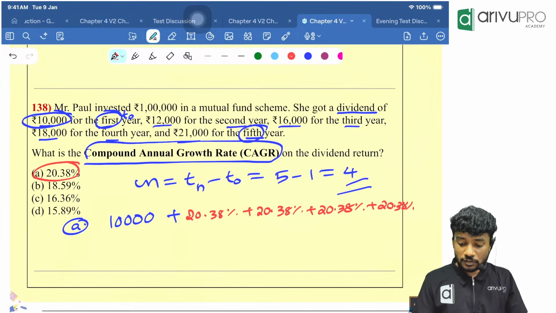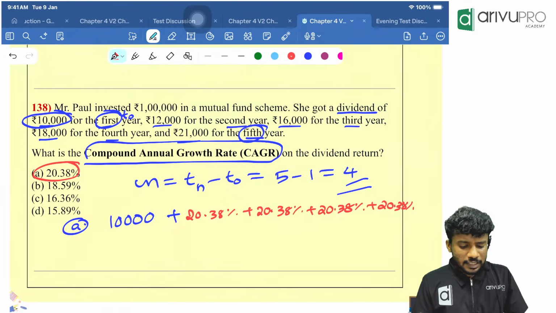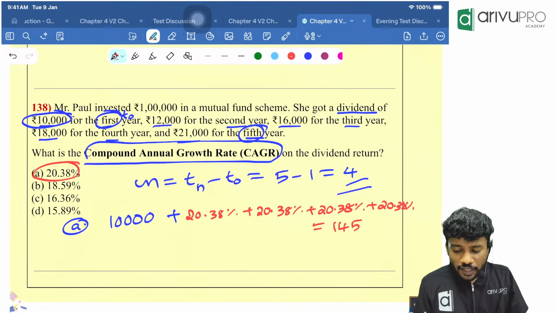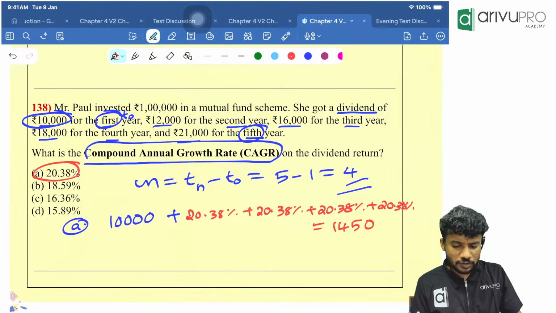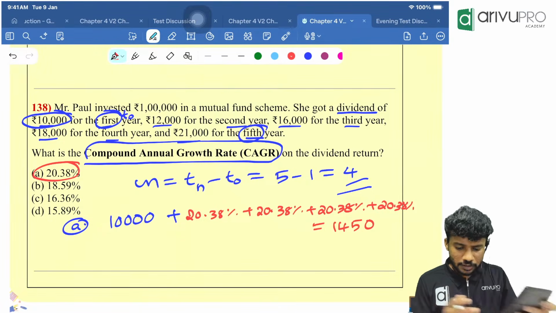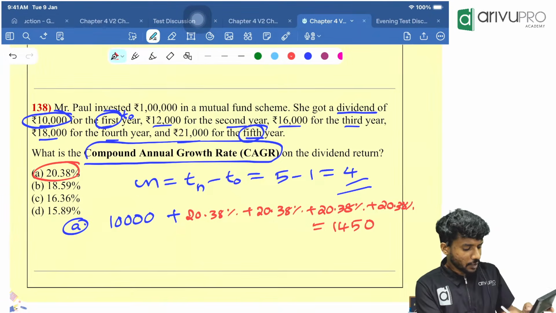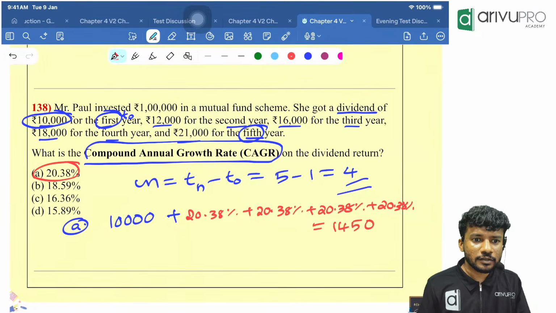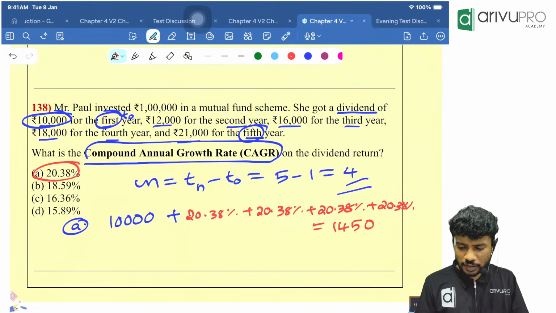Around 14,540? Is that the answer? Check again. 10,000 plus 20.38 percentage four times. How much are you getting? Around 21,000. Check again.